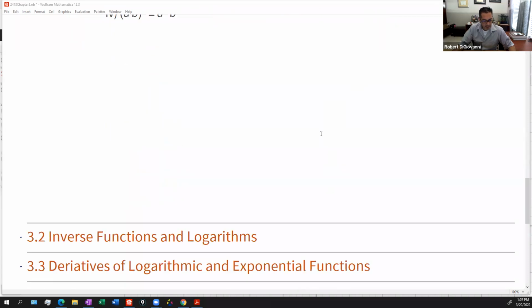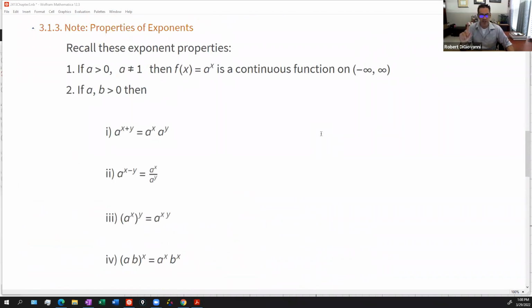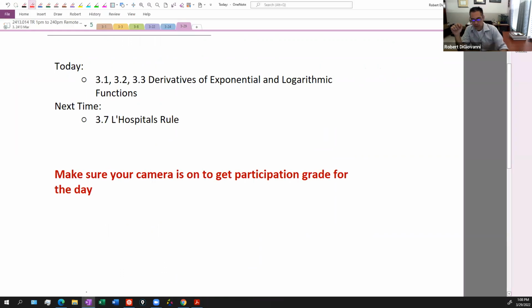Okay, next thing. There is a special function that you learn in college algebra, a special exponential.